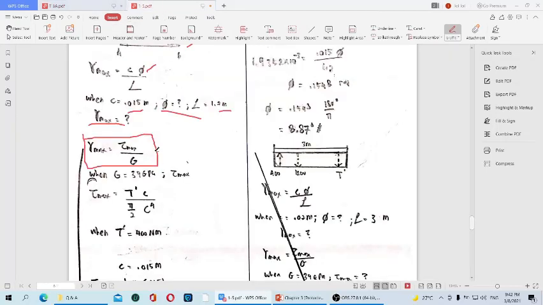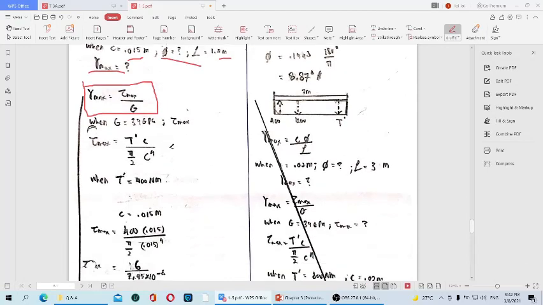The modulus of rigidity has been given as 39 gigapascal. Tau maximum we need to find out. We can find tau maximum with the elastic torsion formula, T prime times c over J, where J is the polar moment of inertia.